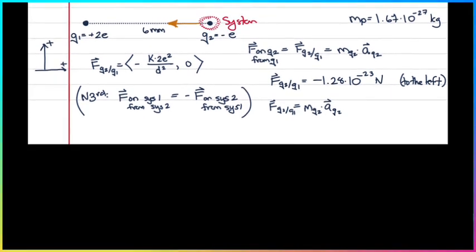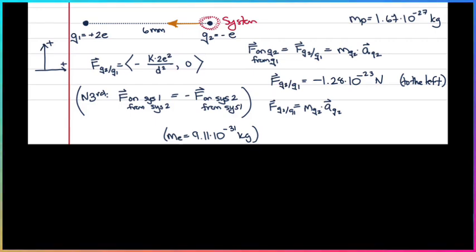So I need the mass of the electron, which is about 2,000 times smaller than the proton, 9.11 times 10 to the minus 31 kilograms. Pretty small. That's not zero, so I can't just plug in zero.